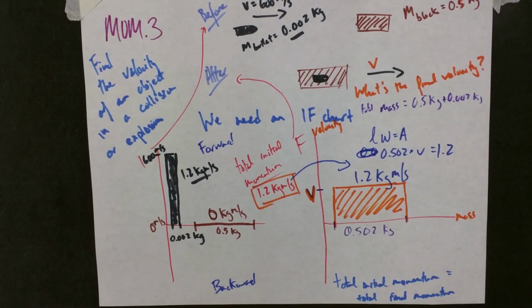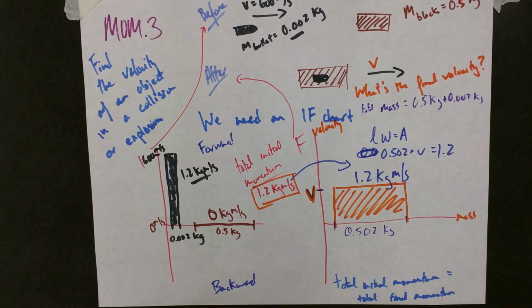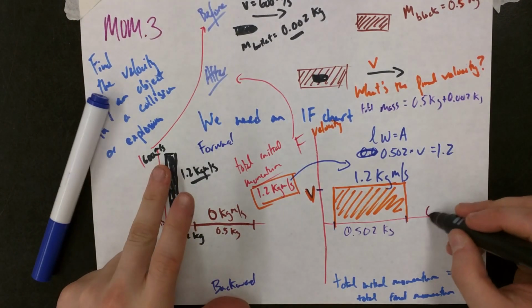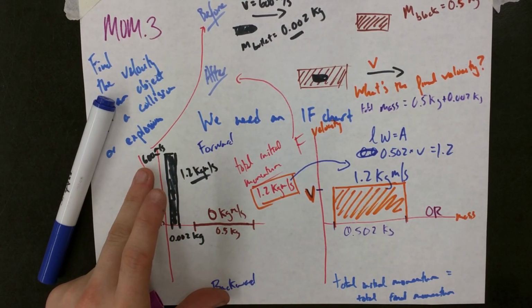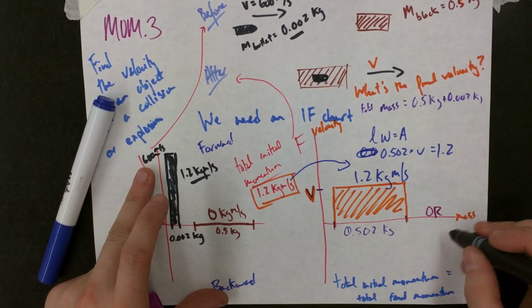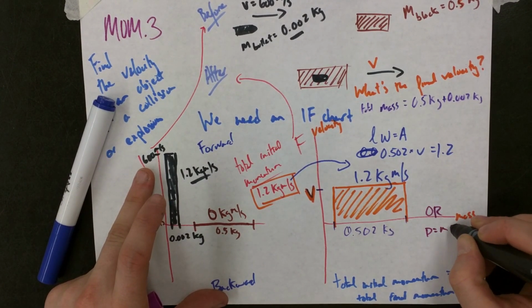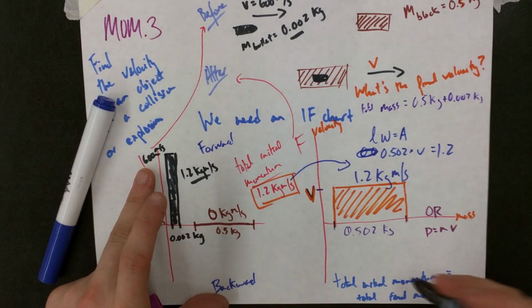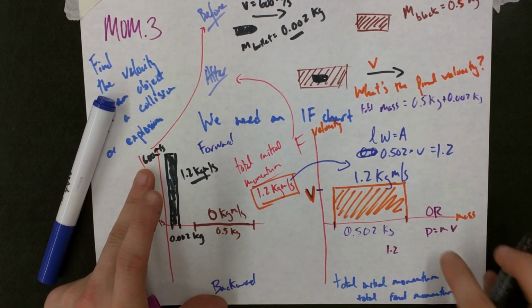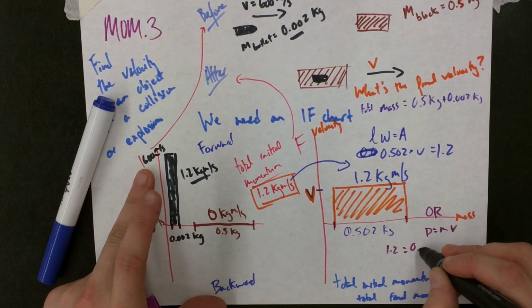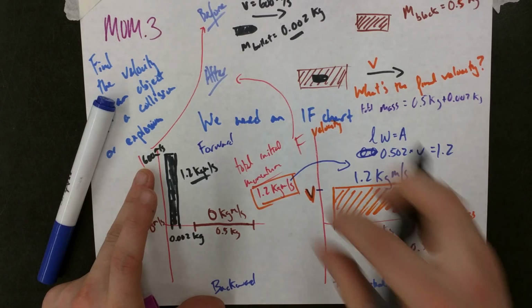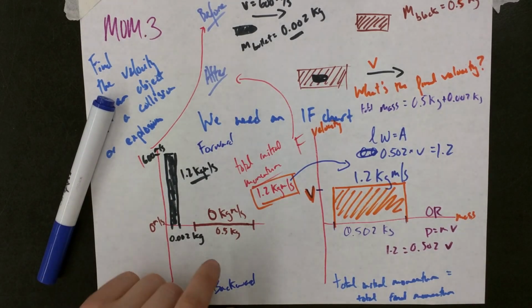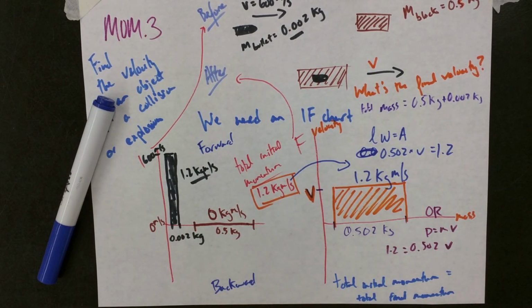And I could solve for v that way by dividing both sides by 0.502. Or I could think about this in terms of momentum: momentum is mass times velocity. I know that my total momentum is 1.2, I know that the mass is 0.502, and I'm trying to solve for this velocity v. Both of them yield the same equation.